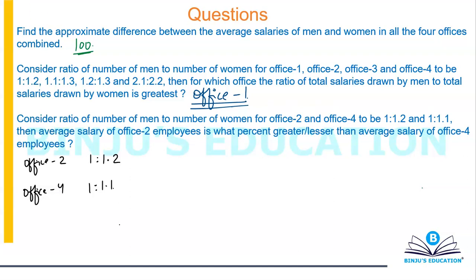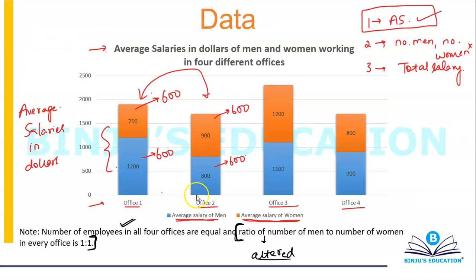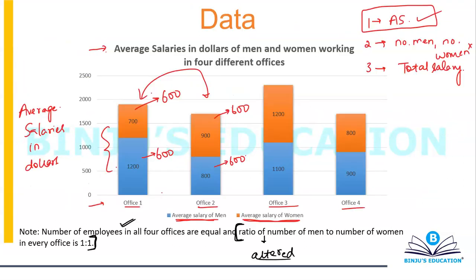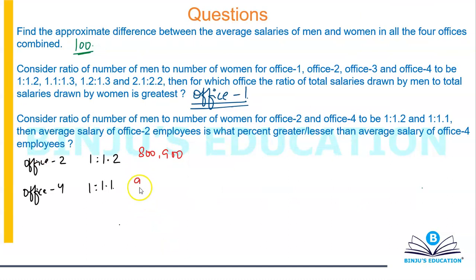Now if I want to calculate office 2, first I need to know the values for office 2. 800, 900, 800, 900, 900, 800.